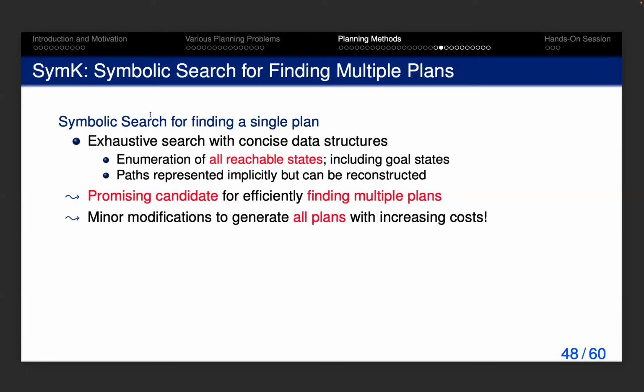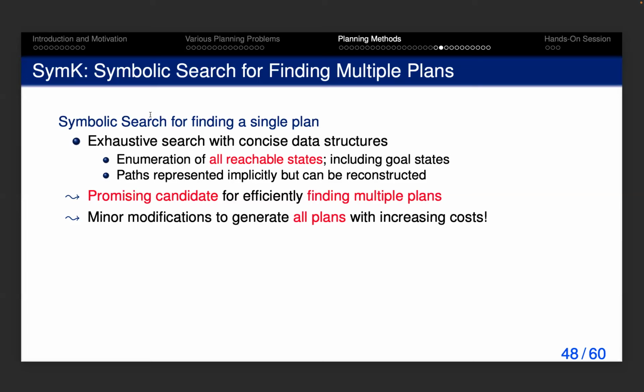We have seen with K-star, with this whole sidetrack thing and so on, that it's always about avoiding explicitly representing everything, how you can reach a certain state, because that becomes infeasible at some point. Here, already for symbolic search for a single plan, you get for free some compact representation. You just represent which states you have reached with which costs, and you don't really know how you came there, but then you do a plan reconstruction to extract the plan.